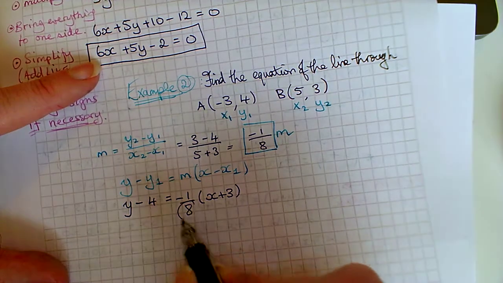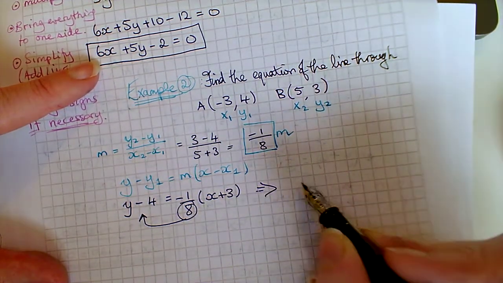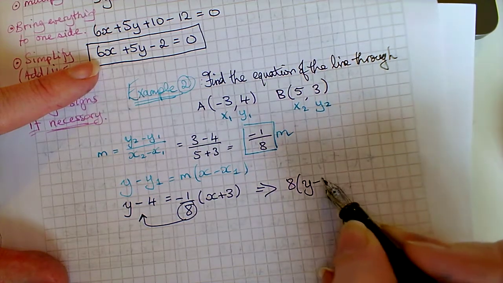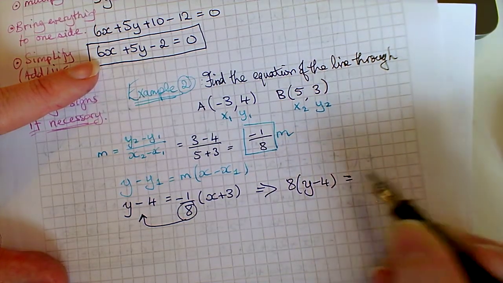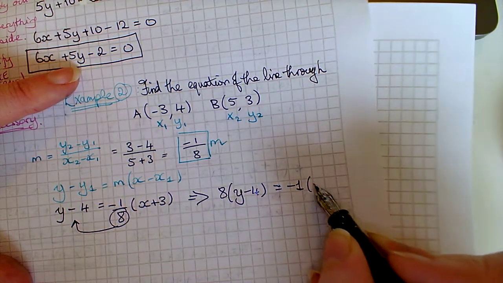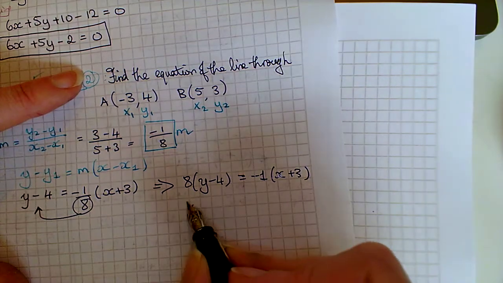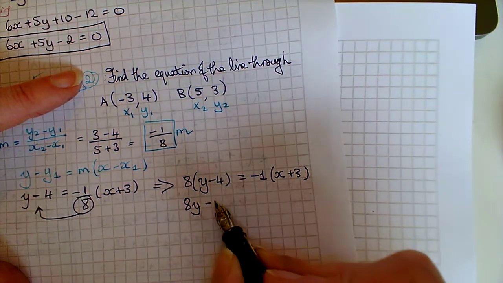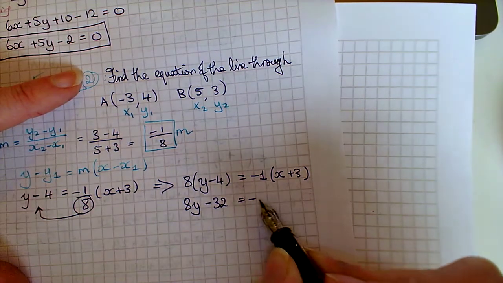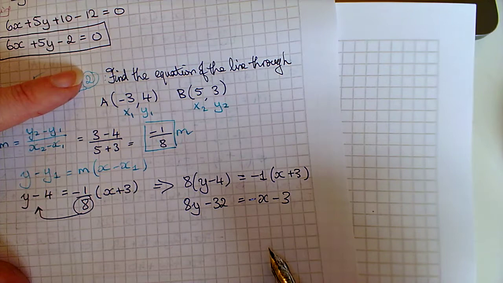And then the bottom number multiplies the y side. So 8 by y minus 4 equals the top number multiplies the x side, minus 1 by x plus 3. Multiply out my brackets. 8y minus 32 equals minus 1x. You can put in the 1 or you can just do minus x, minus 3.